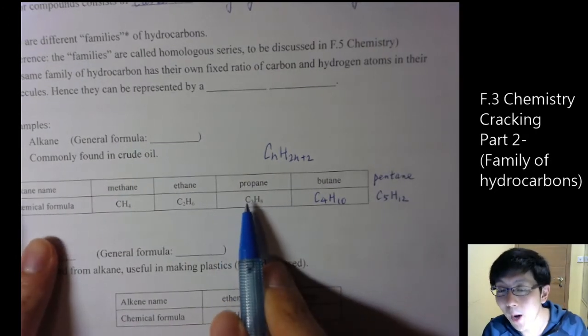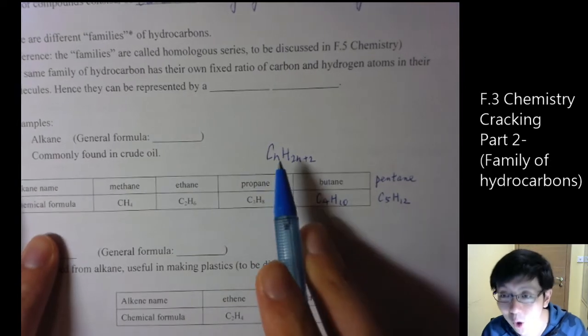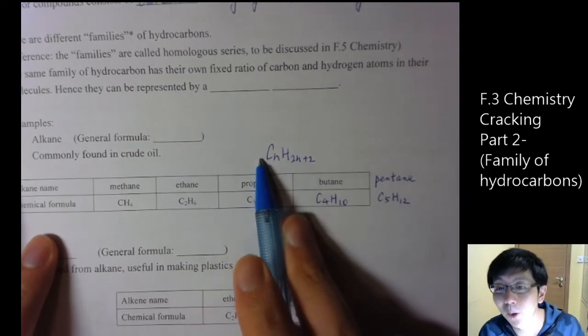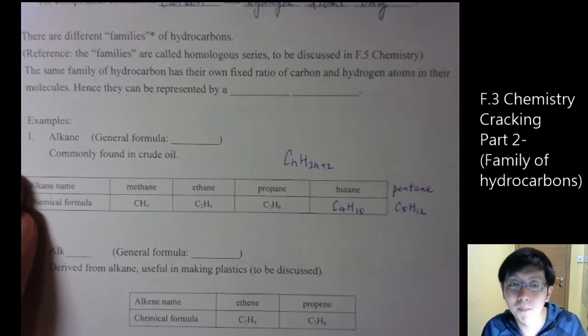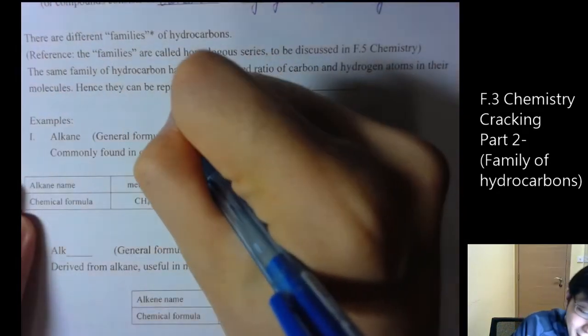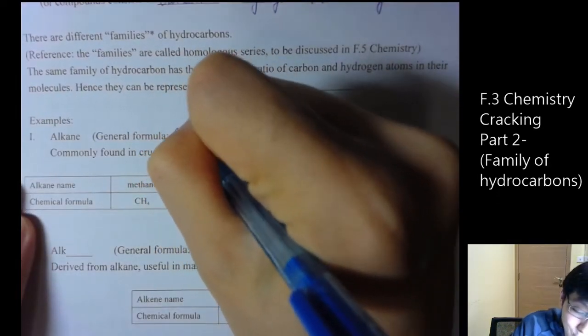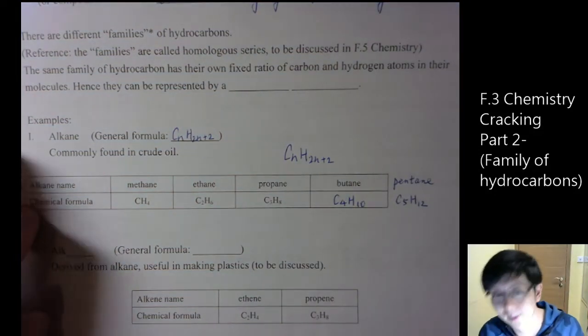Any hydrocarbon, if the numbers fit in this combination, Cn carbon and 2n plus 2 hydrogen, then they are called alkane. Any molecule with the general formula CnH2n plus 2, we call them alkanes.